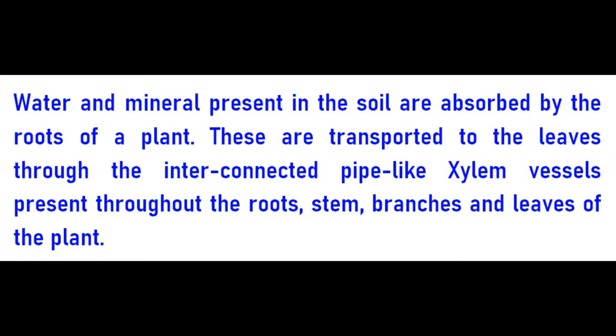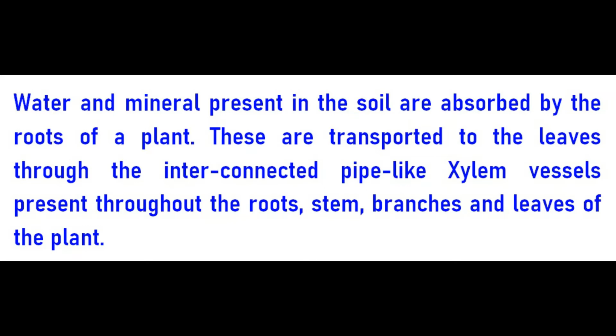The second part is they get water and minerals which are present in the soil. These are absorbed by the roots of a plant. But once they are absorbed, how do they reach the leaves? This water is transported to the leaves through interconnected pipe-like xylem vessels.